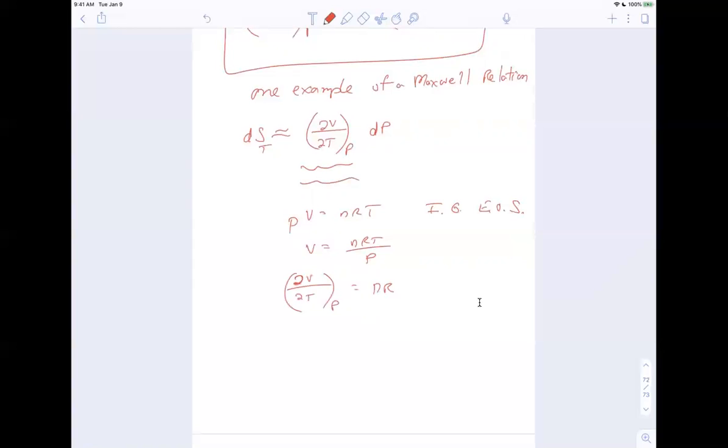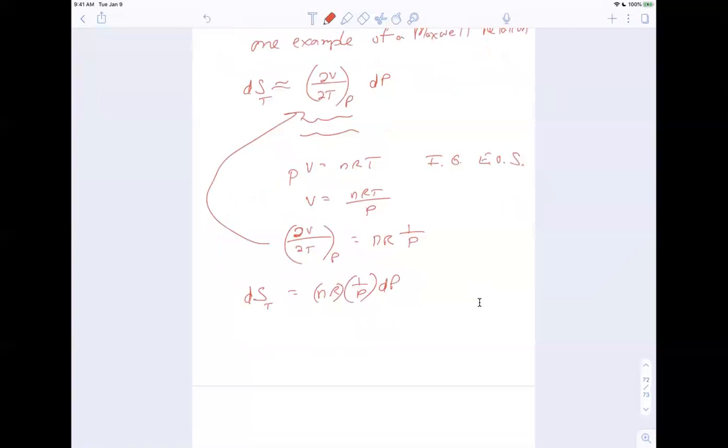Am I correct? Yeah, I believe so. Okay, so once we have that, we can actually stick this result into our expression here. So now I have dS at constant temperature is equal to nR times 1 over P times dP. And now I have to say that this is for an ideal gas.